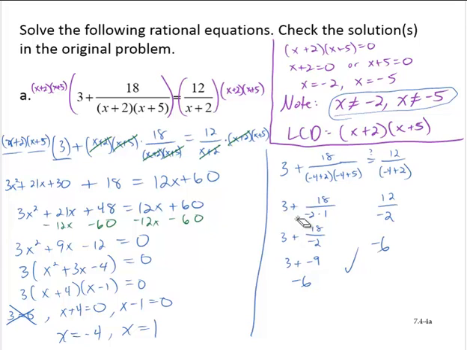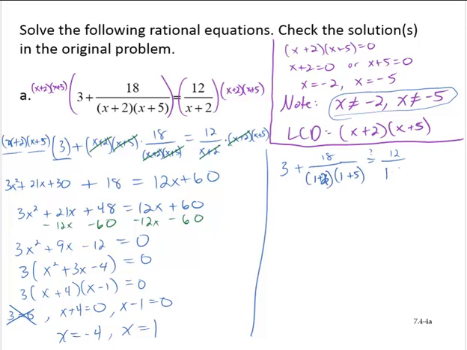Let me erase some of this, and let's check again for positive 1. So we'd have 3 plus 18 over (1 plus 2)(1 plus 5) is equal to 12 over 1 plus 2.